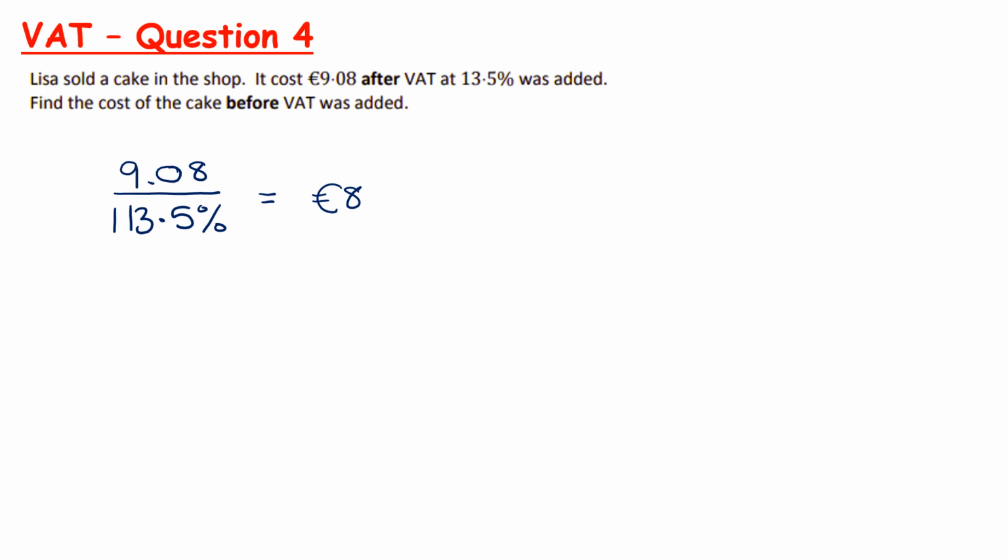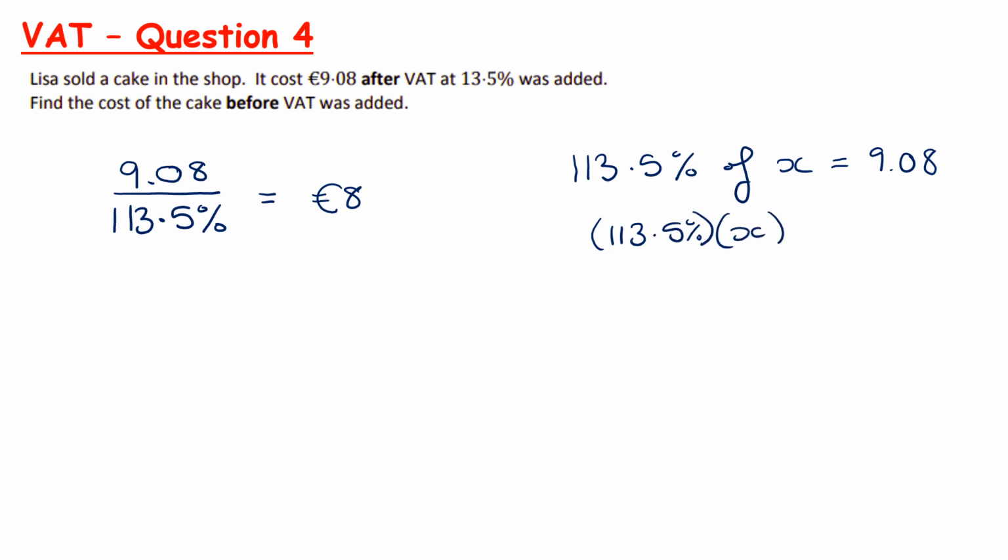So like I said, shortcut, and you can see how I haven't even used that kind of algebraic piece. And you can use it, and let me just very quickly show you. So I could do 113.5% of some number is 908. So we end up with 113.5% of x equals 908, and then you do the division.